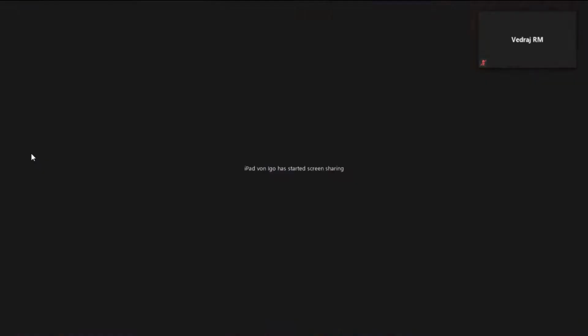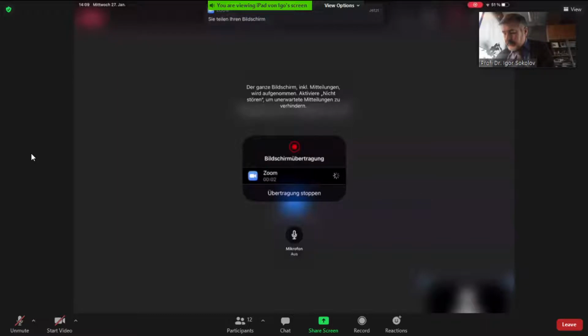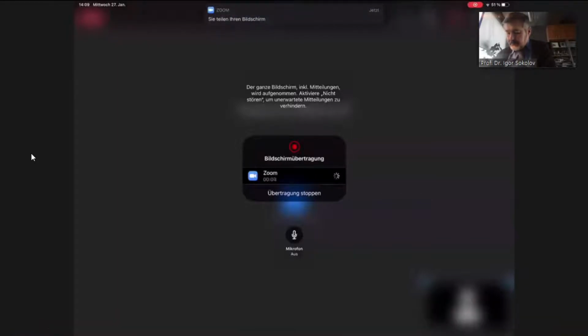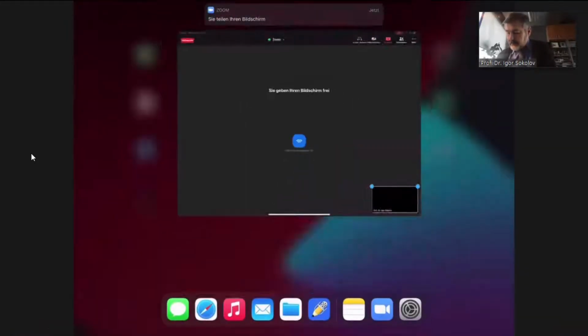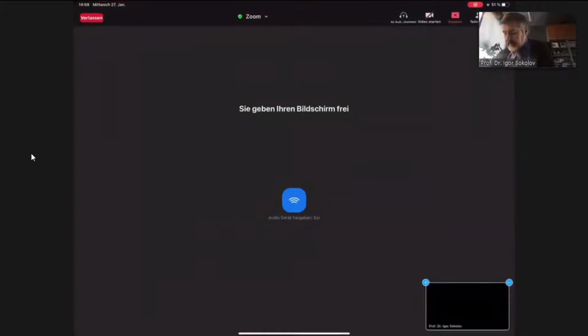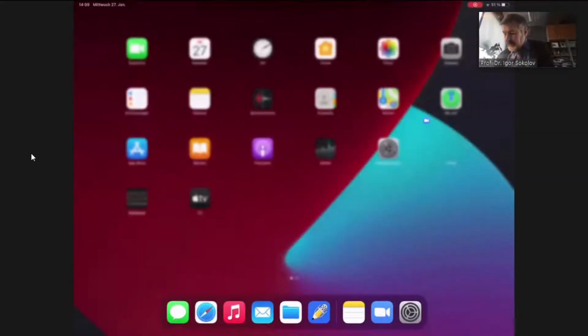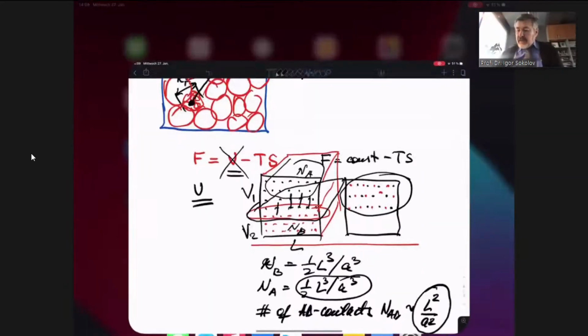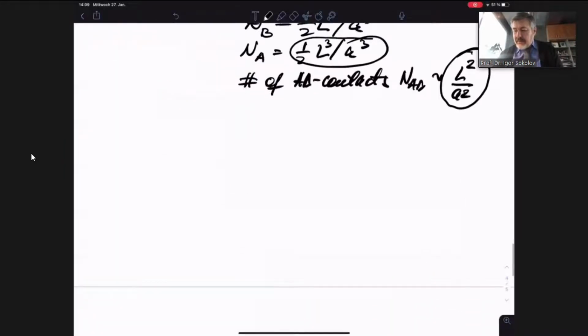and try to draw the corresponding figure to explain to you what happens. Sorry. Here. Now, how do I measure osmotic pressure?